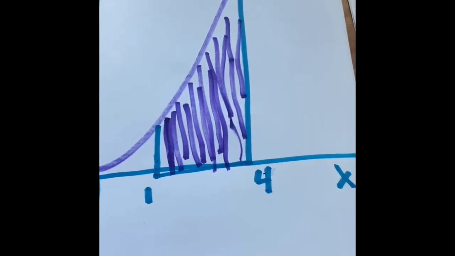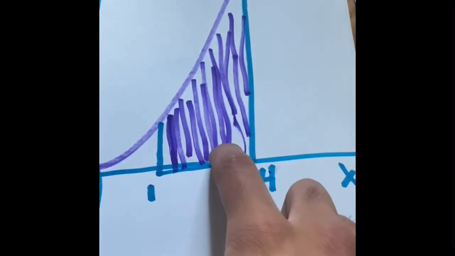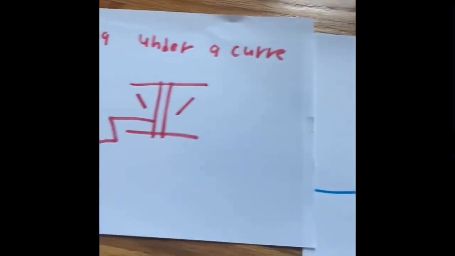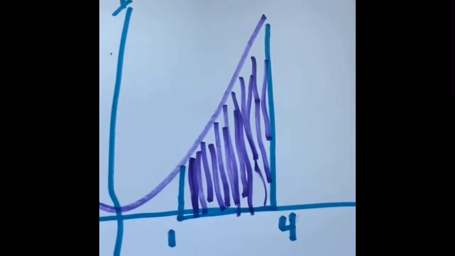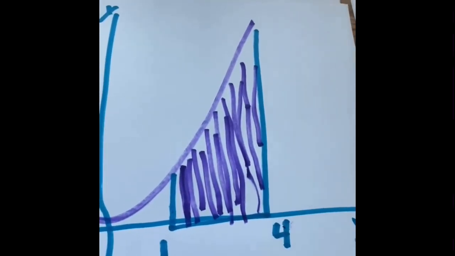But without having to add all those bits and pixels, we can use finding the area under a curve to get it 100%. So let's get started.